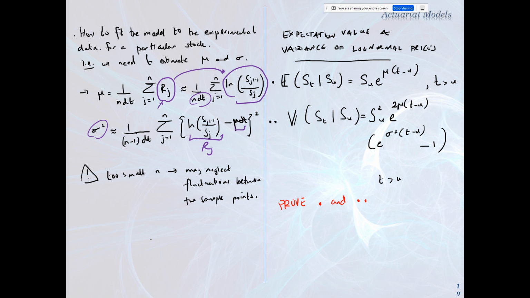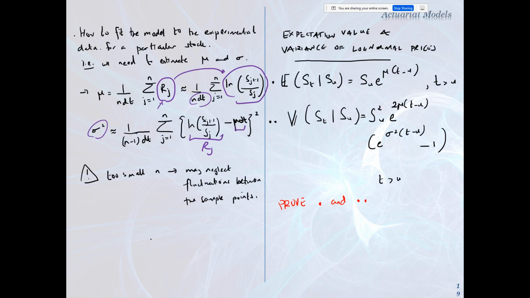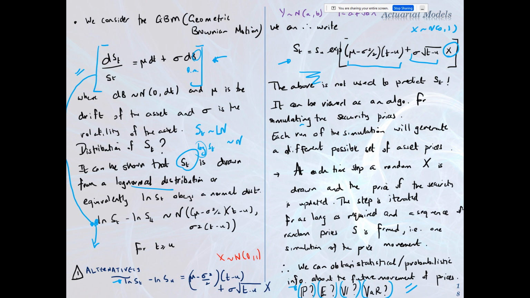Expected value and variance of log normal prices. You are given the calculation for the expectation. I want you to go through it and understand it, and then be able to do the calculation for the variance of S_t given S_u. Your S_t here, you will be using this.